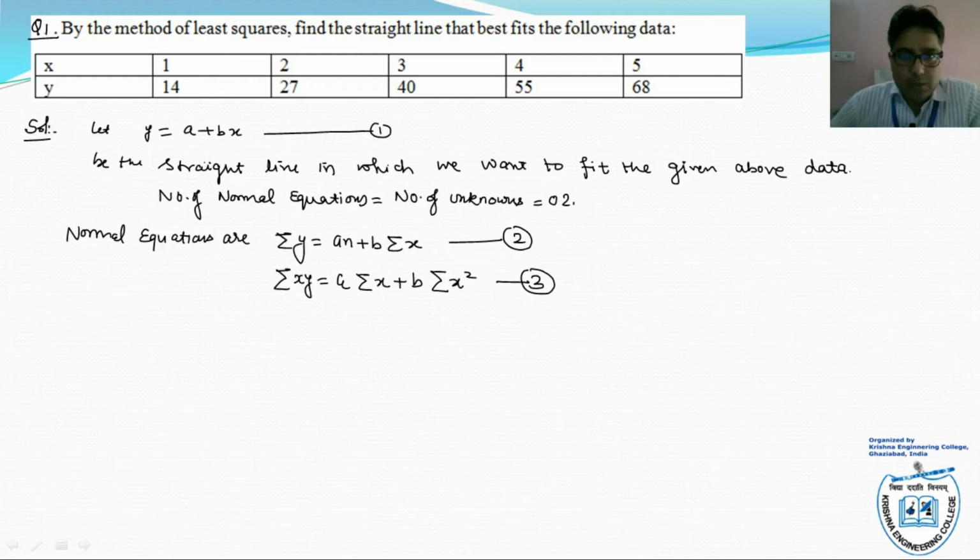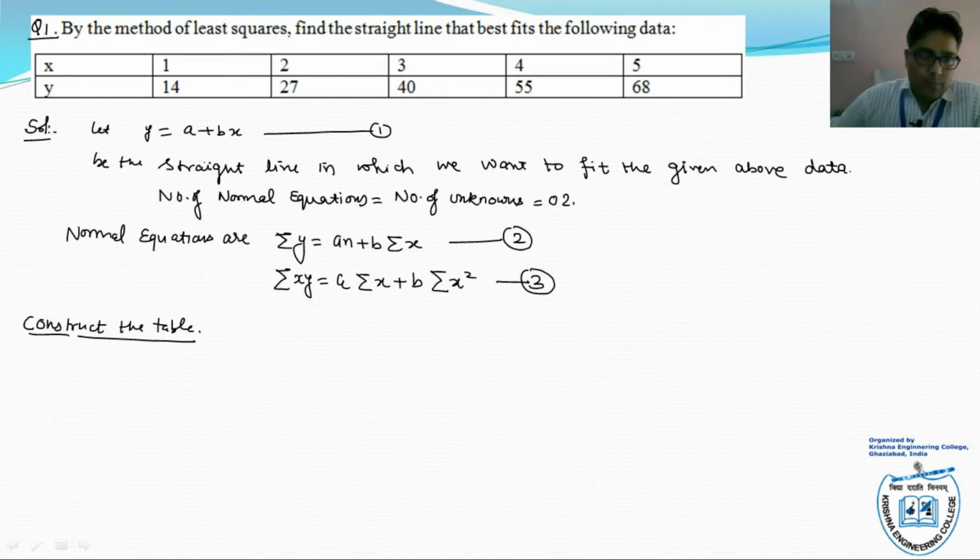Clearly, from equations second and third, we construct the table. In the table we need to find the values of sigma x, sigma y, sigma xy, and sigma x square.